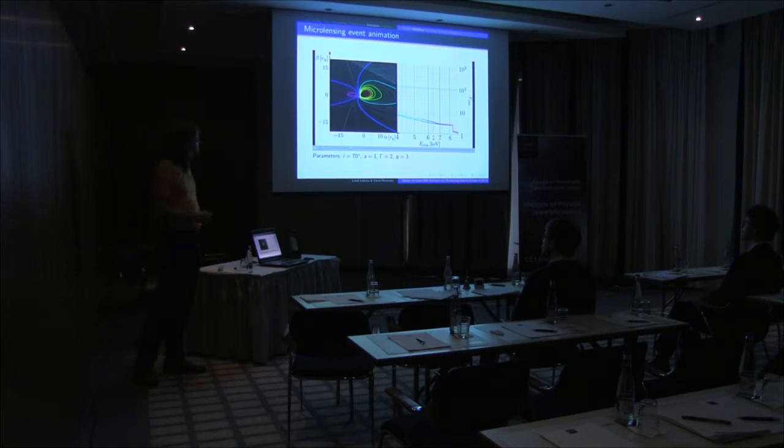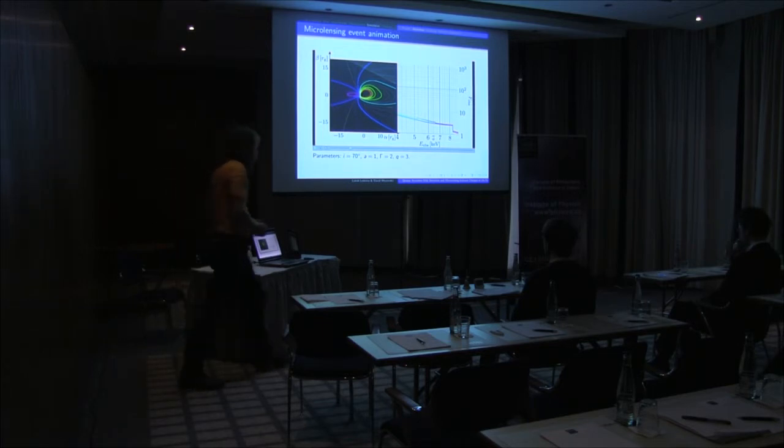And on the right part of the image you can see the raw spectrum, the bottom one, and the lensed spectrum, which is the upper one.